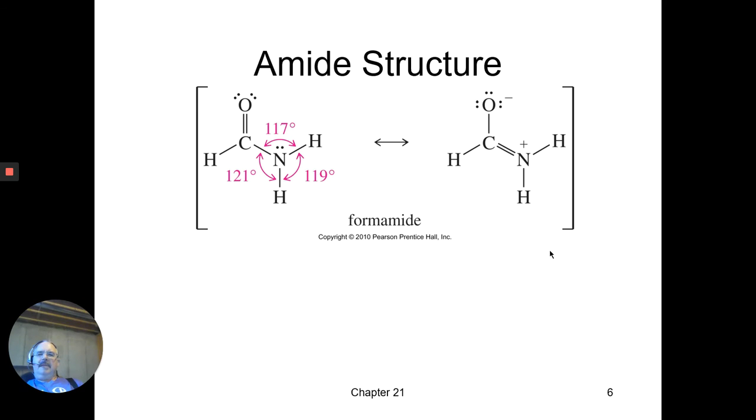Okay, let's look at amides next. This is formamide or methanamide, derived from formic or methanoic acid. We replace the OH with an NH2. Resonance stabilization is very significant for amides. This is why amides are not basic, because you can see in one of the resonance structures, the nitrogen carries a plus charge.